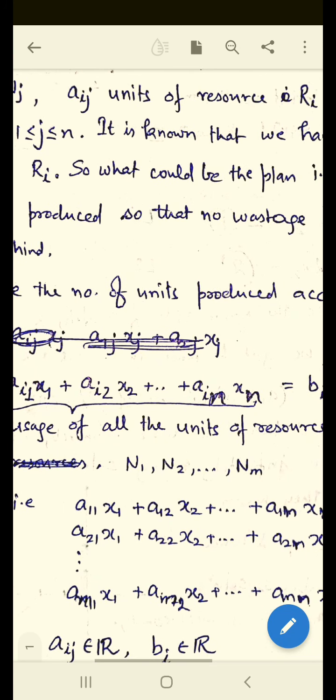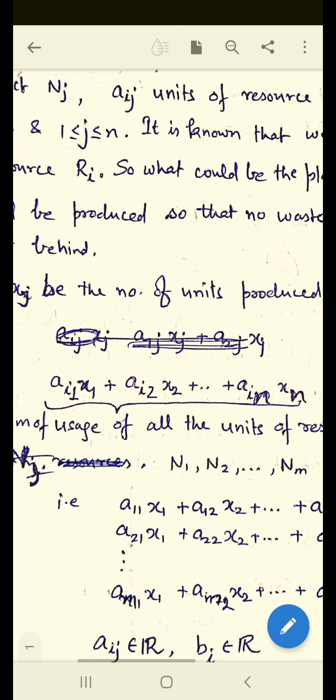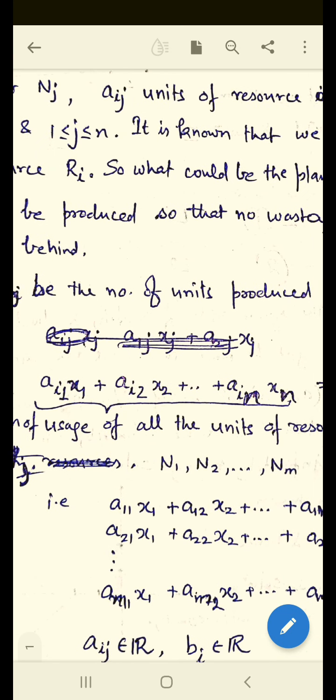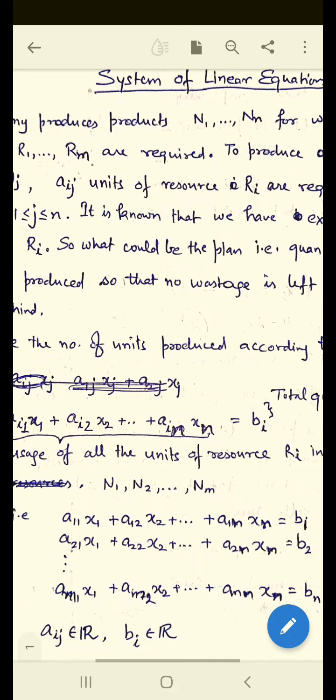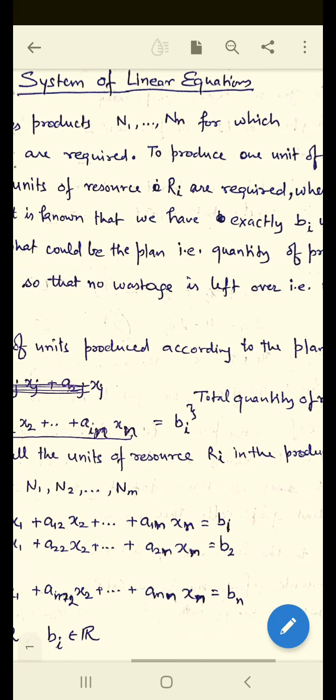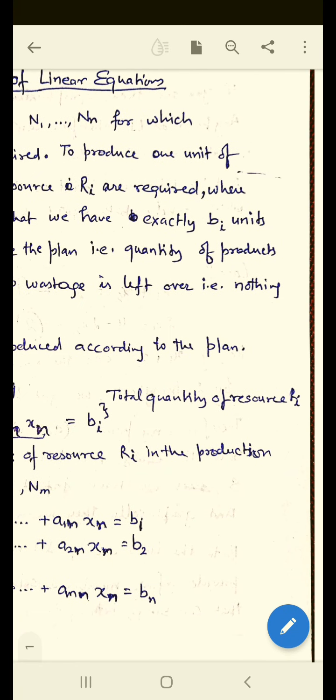So this is the total amount of the ith resource consumed in producing x1 amount of product 1, x2 amount of product 2, up to xn amount of product n. This sum should be equal to the available quantity of resource i.